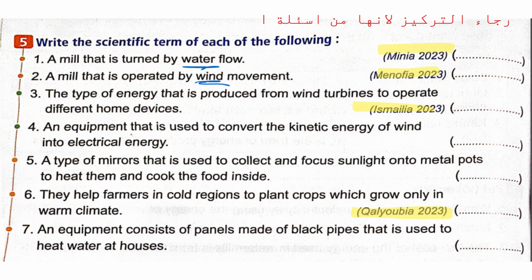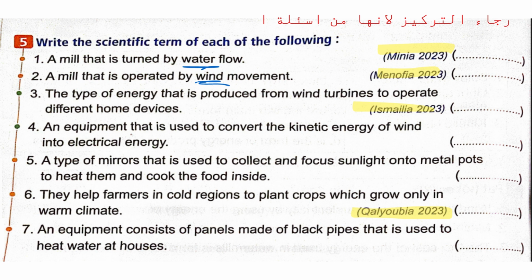As first one we have a mill that is turned by water flow. So what is the mill that turned by water flow? Yes, this is watermill. And we have the second question, a mill that is operated by wind movement.